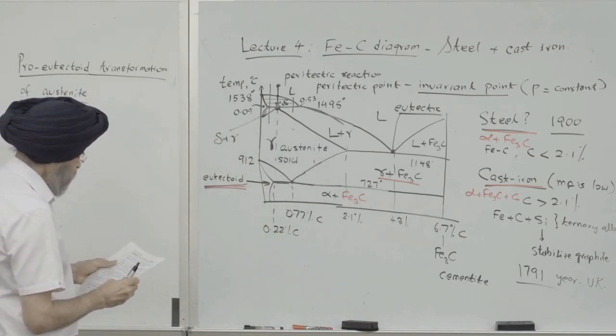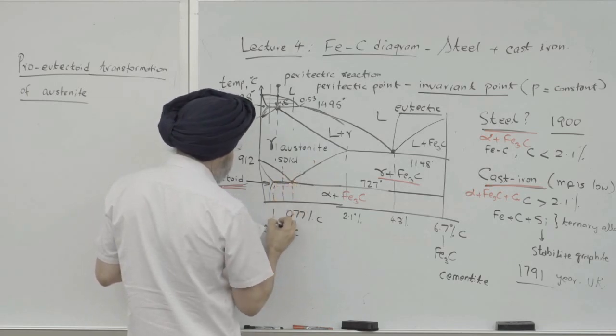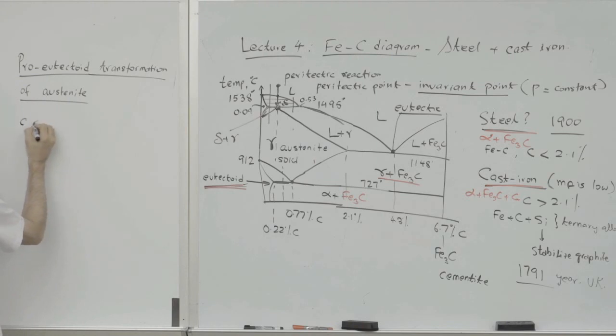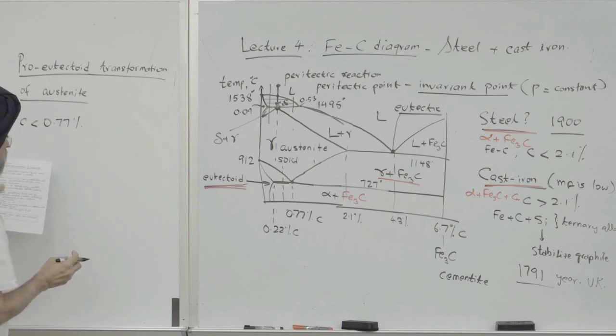So what happens is, if the carbon is, let's say, at this composition where the carbon is less than 0.77%, what do we get over here?